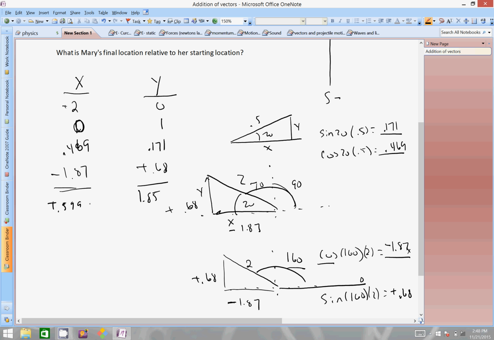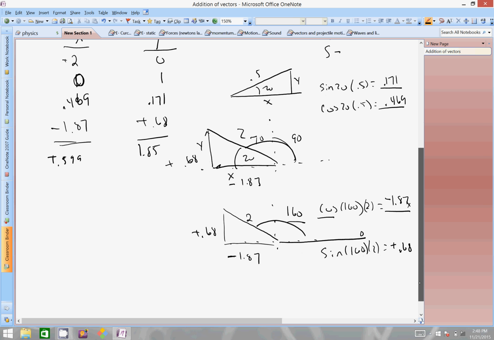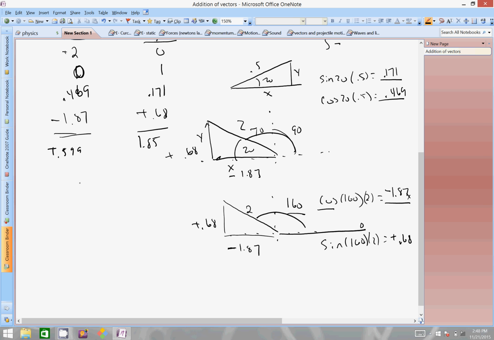Alright, so let's rebuild our newest vector, and we want to take this thing and go 0.59 up. So this would be 0.59 on the x coordinate, and I would just sort of draw this like that. And then I want this guy to be going up 1.85, 0.59, and this is my new vector.